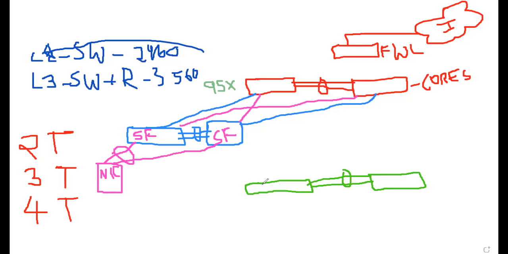This is called the access switch, AS in a simple way. Then we get the connection, 1 to switch 1, 1 to switch 2. This is core switch 1, this is core switch 2. So what we have here: this is core switch, this is server farm switch, then this is access switch.